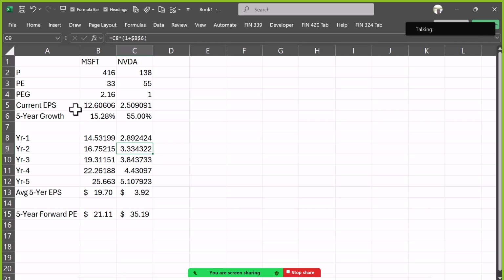Let me show you that. In these, you hit F4 until you put a dollar sign on the row. Same thing here. Nothing changes for Microsoft, obviously.